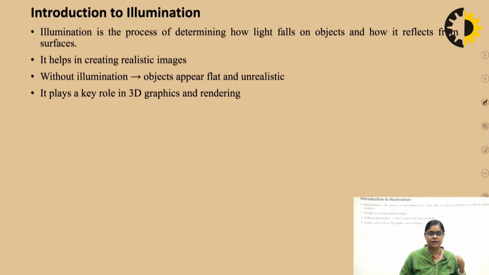And when sunlight comes on your face, you see a difference in how it is reflected from the surface. So that is what we are discussing: illumination in computer graphics.